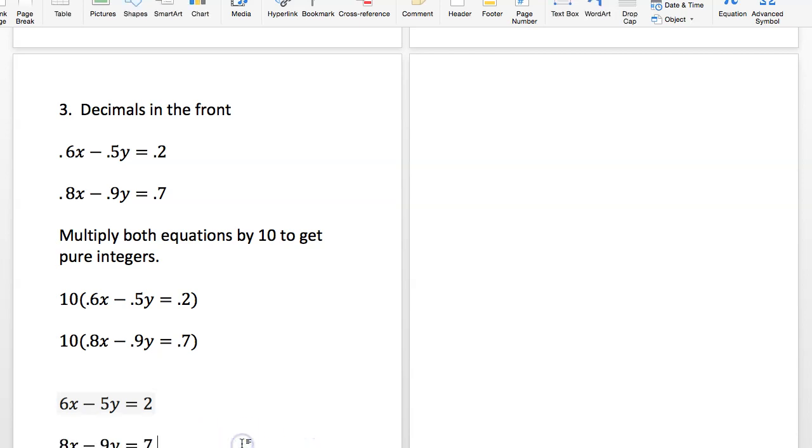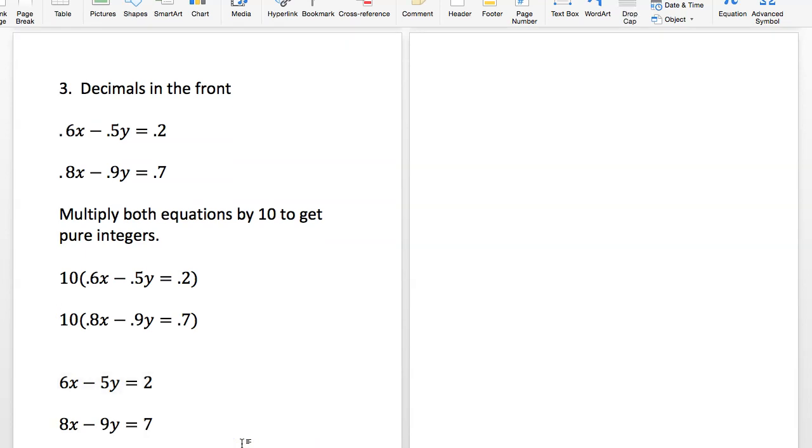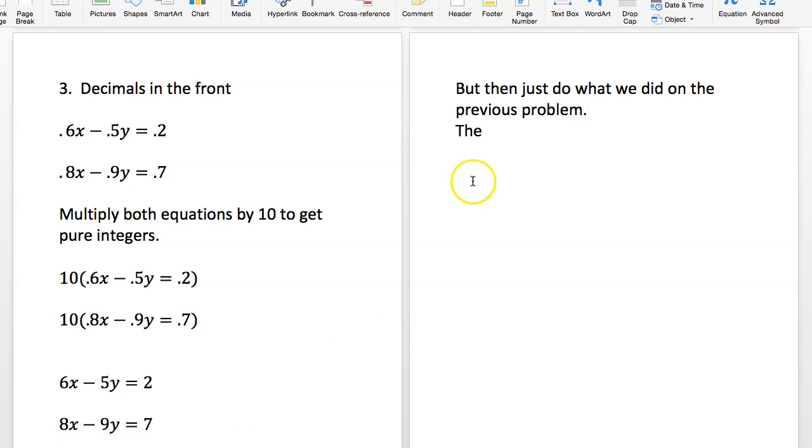Look at that. And then just do what we did on the previous problem. But anyway. And so there's that.